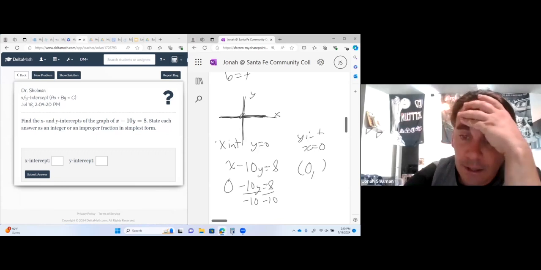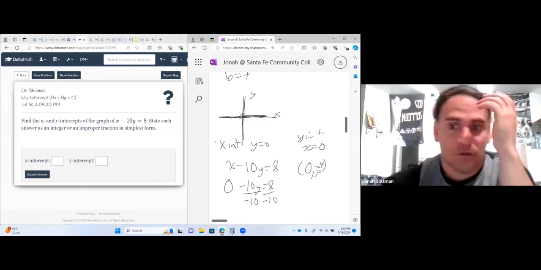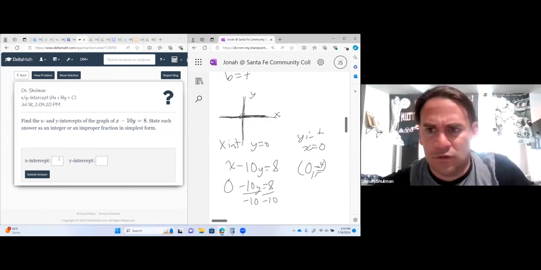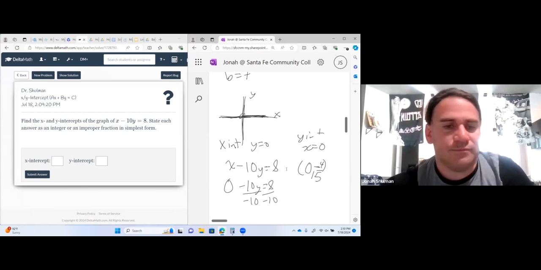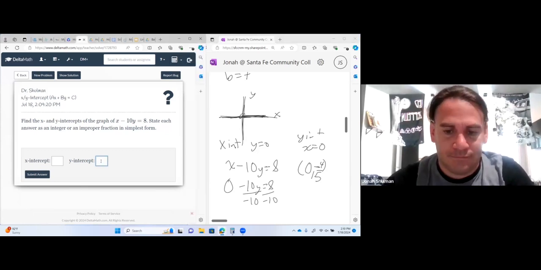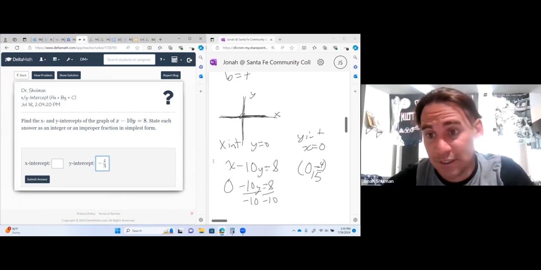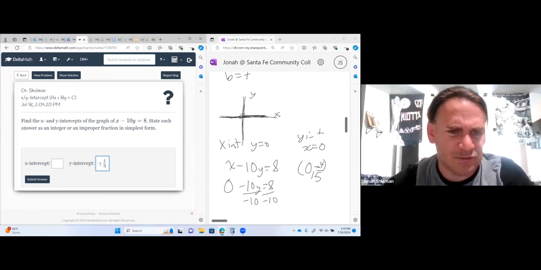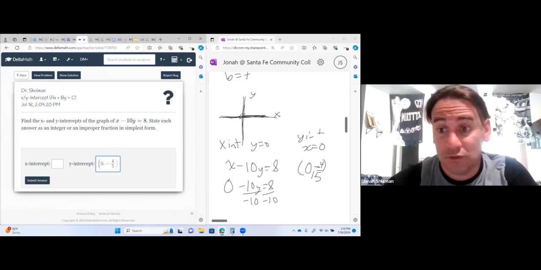What is my y? 8 over 10, that is negative 4/5 when we divide it by 2. I would like it as a point. I always write it as a point, but the way they have it doesn't seem like a point, right? I'll do it the right way.